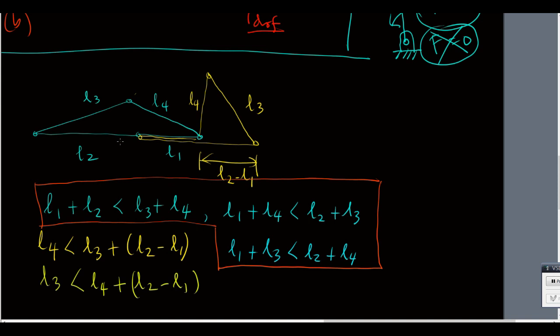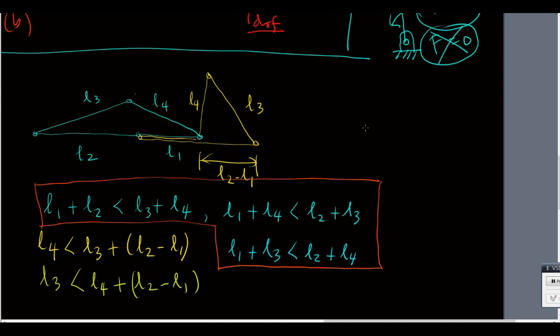Alright. Now I may also be interested in whether L4 can make a revolution with respect to L1. And if I do that, then I get the same equations, except I should exchange L2 and L4. So if I exchange L2 and L4, this first inequality will become the second inequality, and the second inequality will become the first inequality, and the third inequality will not change.